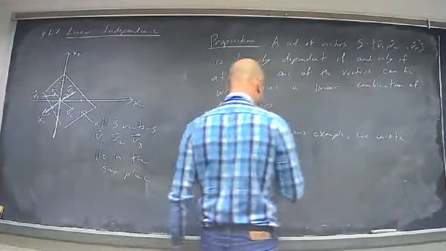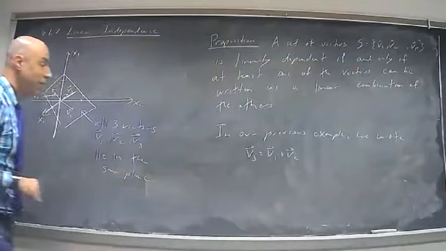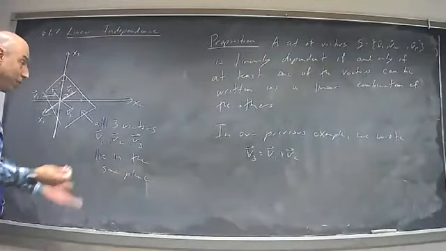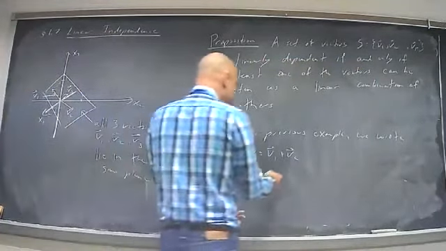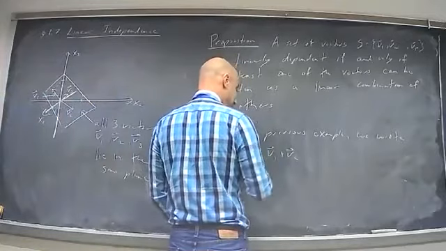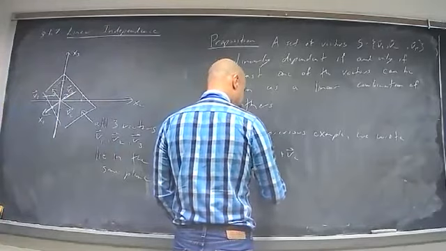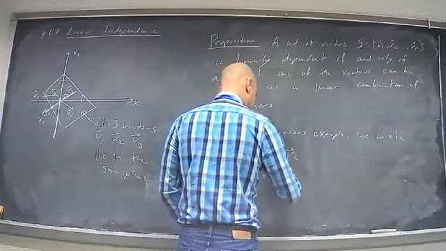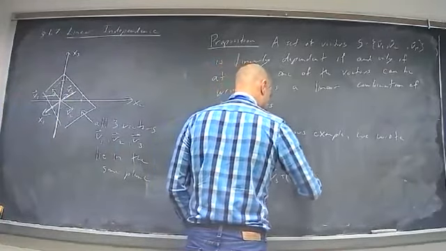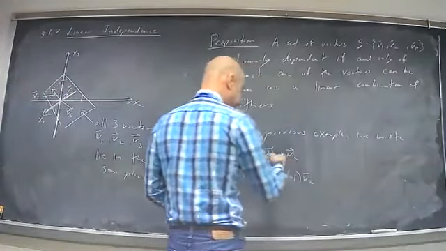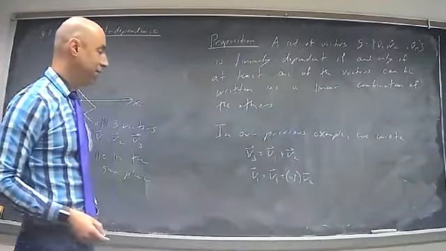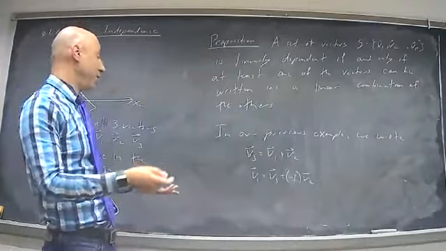This was the observation we made, that v3 was just the sum of the first two vectors. We could have also written v1 as a linear combination of v2 and v3 just by rearranging this. So v1 equals v3 plus -1 v2. All I did is get v1 by itself. Or I could have written v2 as a linear combination of v1 and v3.